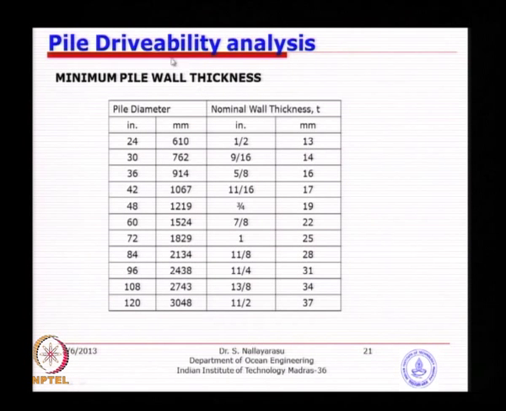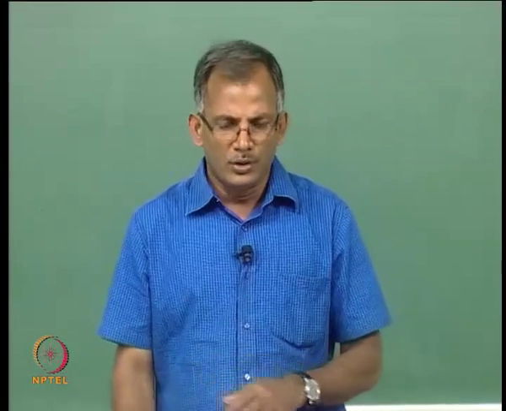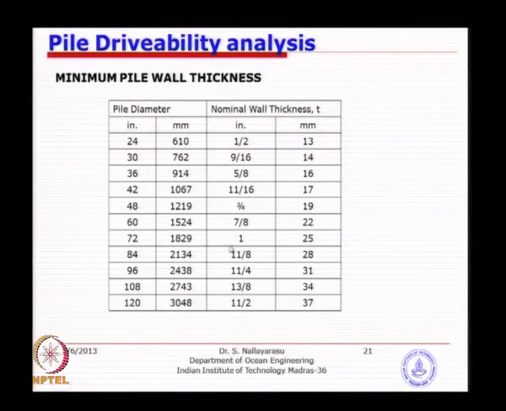For example, if you look at a 60-inch pile, 1.5 meter diameter, the recommended wall thickness is something like 7/8 inch or 22 mm. So the D by T ratio, if you calculate, basically 60 divided by 22, you will get around 60. Here you can see a 72-inch pile with 1 inch wall thickness, the D by T ratio is 72.